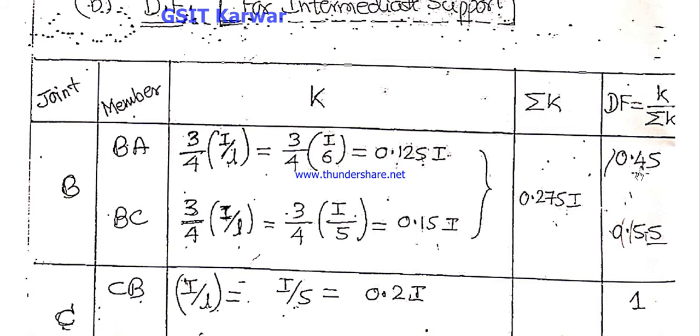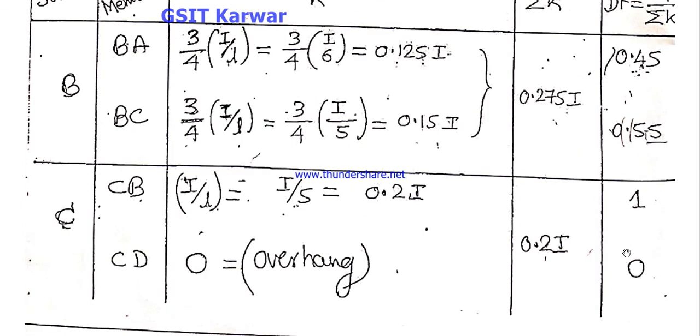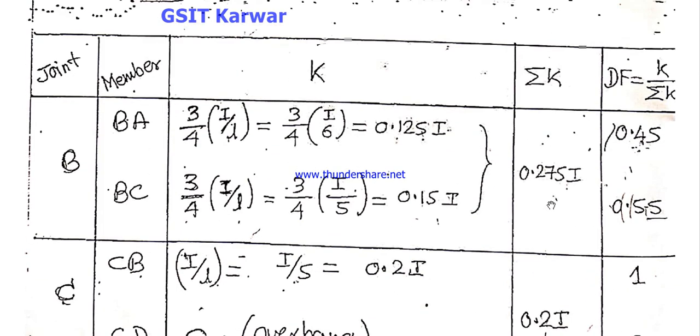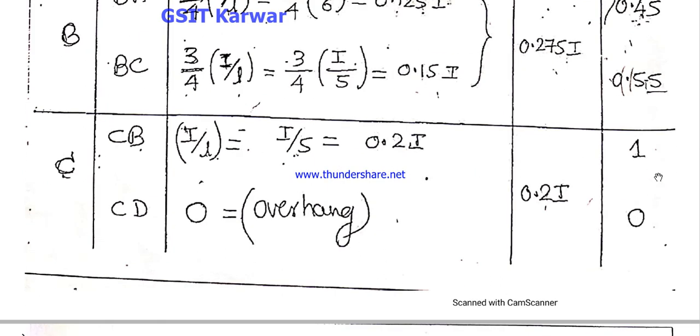We are getting 0.45, as I by I gets cancelled, and here 0.55. How do we cross-check whether this distribution factor is correct? If we add the distribution factors, it should come to 1. See here, 0.45 plus 0.55 is 1. So our calculation is correct.